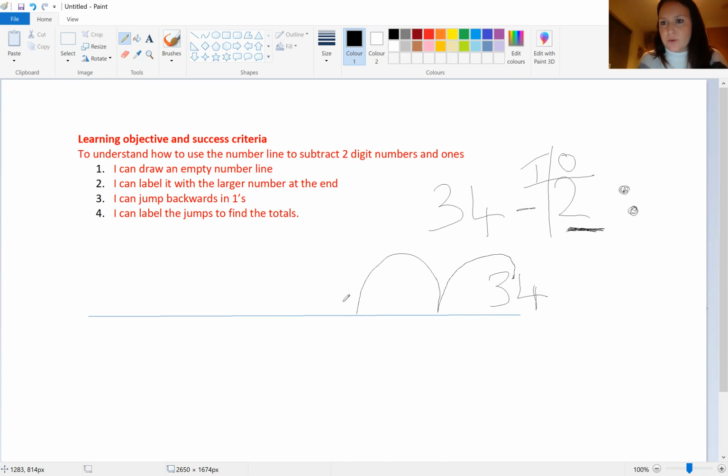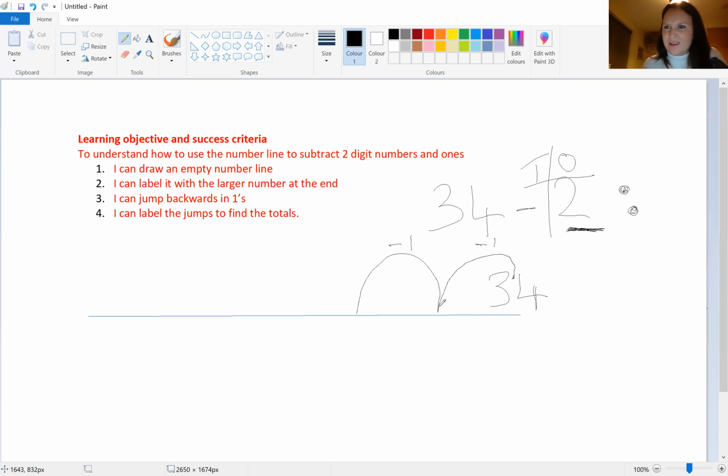So that we remember what it is that we've subtracted, we need to put above it what we have subtracted. So I've taken away 1 each time, and in total I've taken away 2. Of course, we're not finished there because it still doesn't tell us the answer. So we've got 34, so we follow what the jumps say. 34, take away 1.